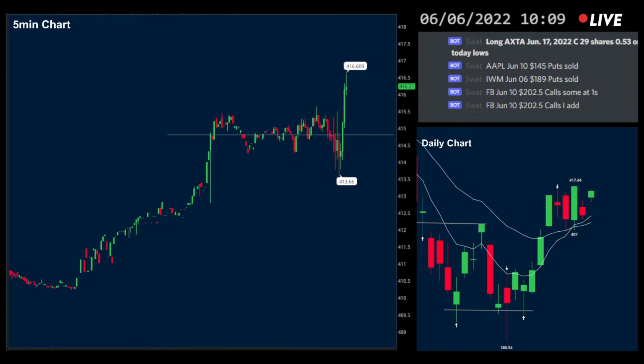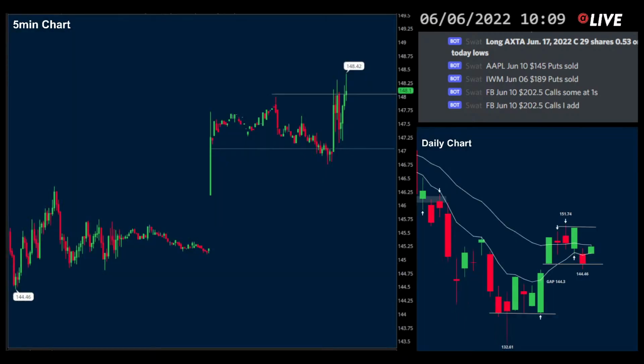SPY needs above 417 to make new highs on the week. Apple still trying and fighting here for 148 plus.